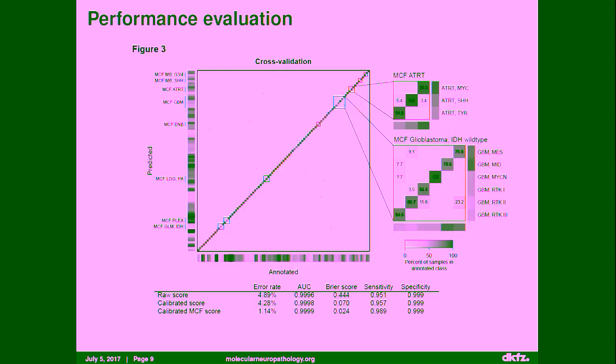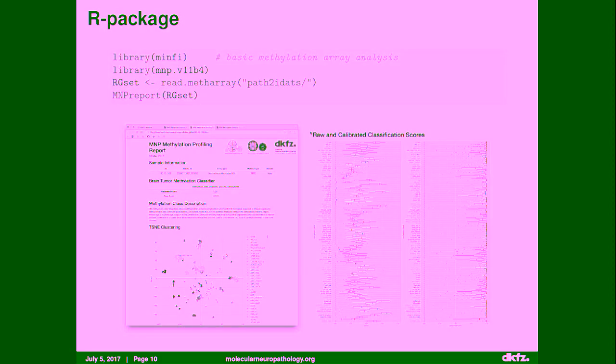And the overall results are pretty good. We have a misclassification error rate of 4.28% for our calibrated scores, and also the Brier score is relatively low, indicating that the class probability estimates are working fine, and most errors occur in tumors that are closely related.